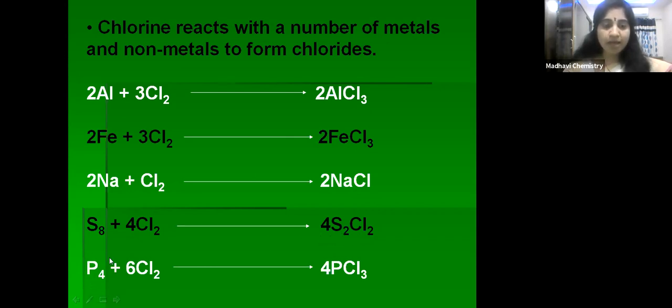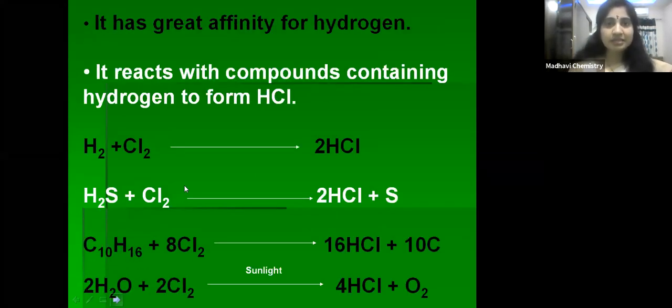And P4 plus 6Cl2 gives 4PCl3, phosphorus trichloride. So chlorine can react with a number of metals and non-metals to form chlorides.